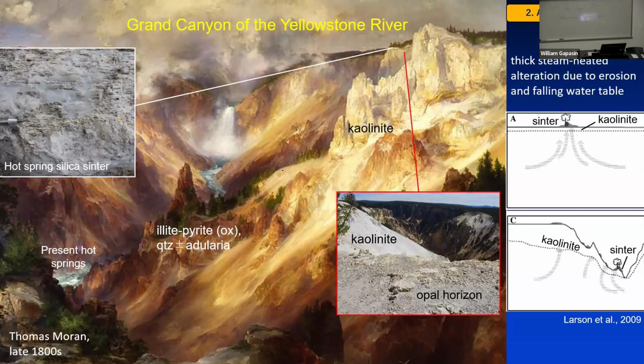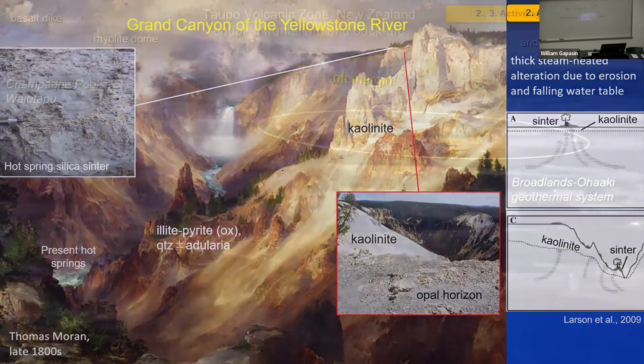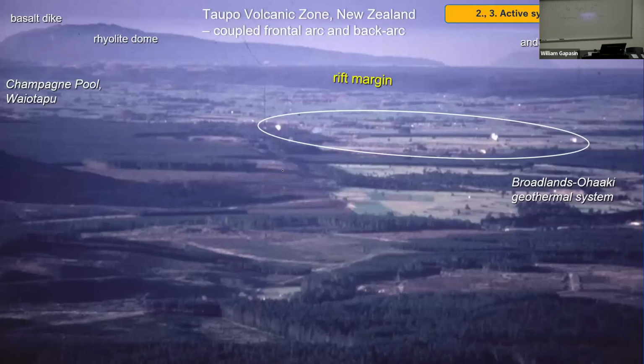So we end up with this overprint of even light pyrite quartz argillic alteration. And any metal anomalies here are being overprinted by the steam heated alteration. So we can get that acting on the system. So, overprints.